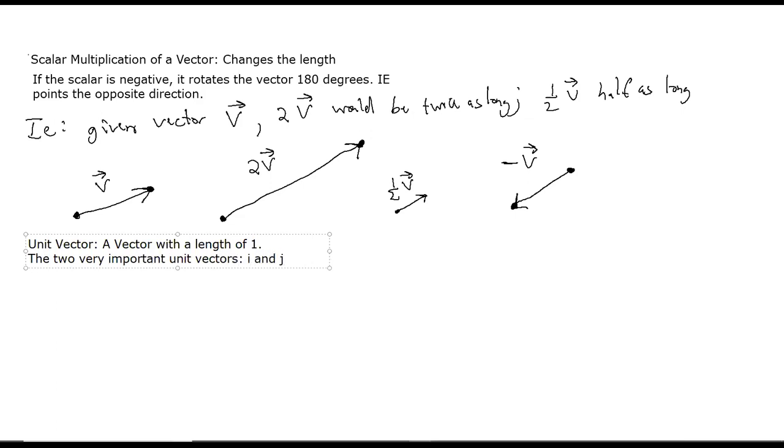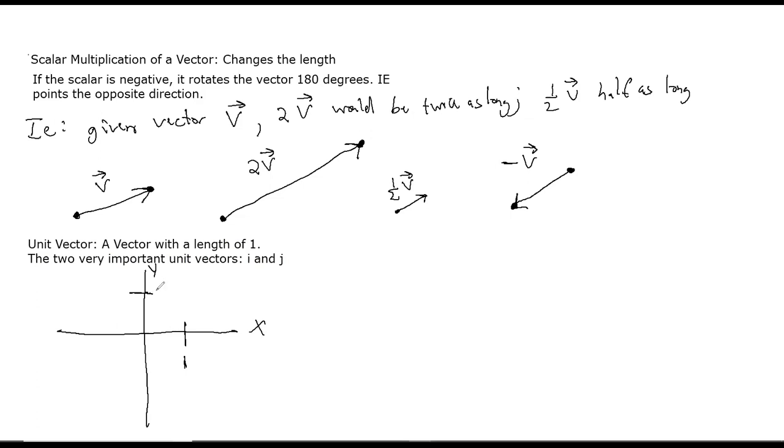i and j. So we have two unit vectors, i and j. I'm going to draw up a coordinate system. X, Y. And this is going to be super zoomed in.